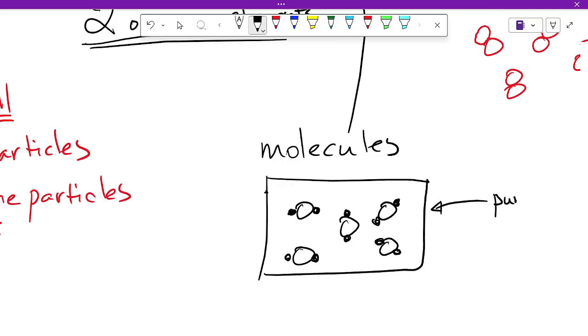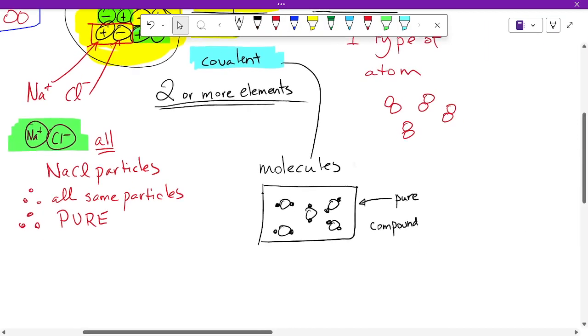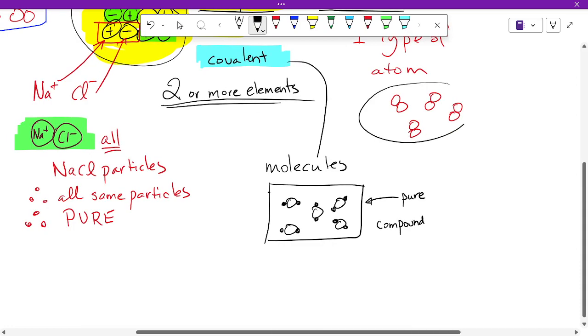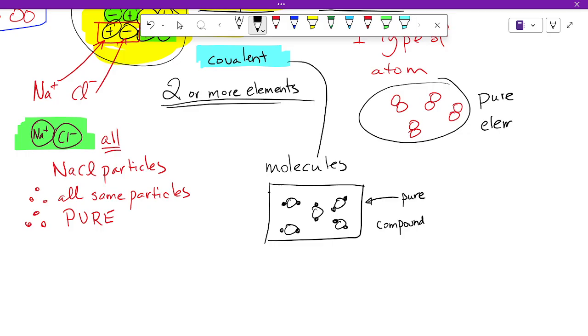If it's a pure substance, what are the two possibilities? It either has to be a compound or an element. Is that a compound or an element? That is a compound, so that is a pure compound. This one up here, that's a pure element.